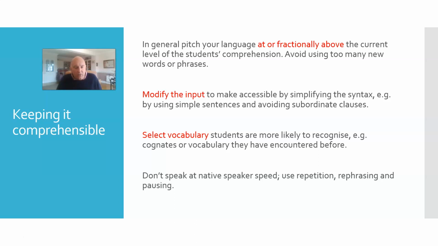And I would argue, on the whole, don't speak at native speaker speed. There might be some cases where you want to teach students to cope with limited amounts of native speaker language just so they're used to it. But on the whole, for us, we're modelling language at a speed that can be focused on and which keeps students' attention.